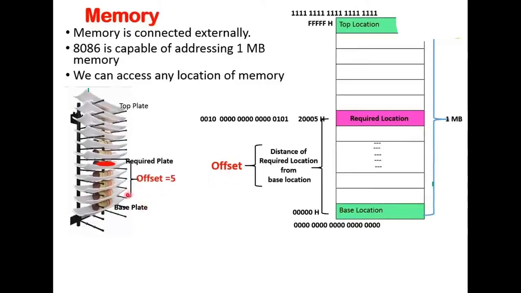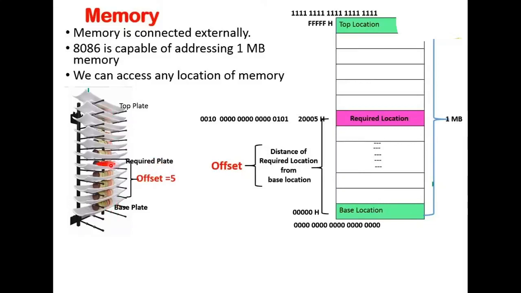Now one example we have given. Suppose in this tray many plates are arranged. This is the base plate, which means the starting plate, and this is the final plate. In this tray my plate is here.